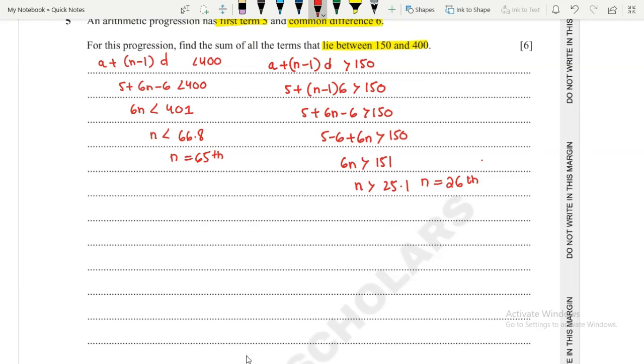Now let's find the sum of the 66 terms. The formula is n by 2 into 2a plus n minus 1 into d. This one will be 65 over 2. Okay, so you are correct. They have told us that we have the term less than 66.8, so it will be 66 actually.